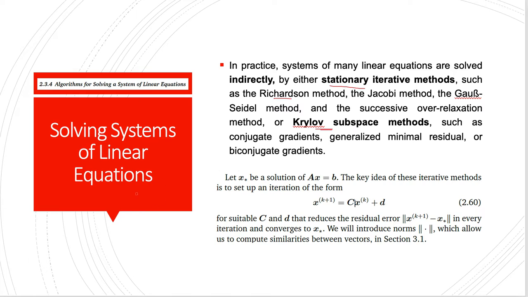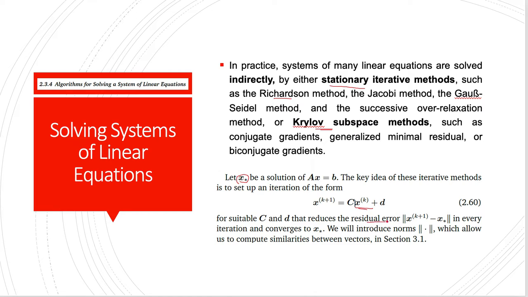So this is an example here. Let x star be a solution of Ax = b. The key idea of this iterative method is to set up an iteration of this form. Then you calculate the residual error in every iteration and converge this equation to be near to this one.